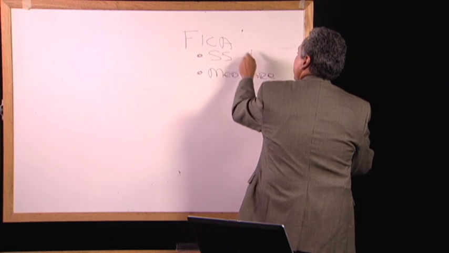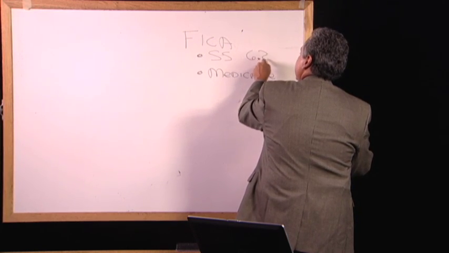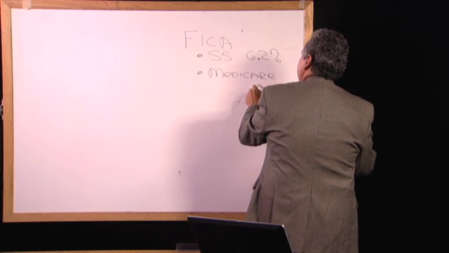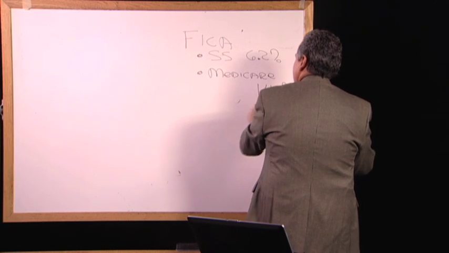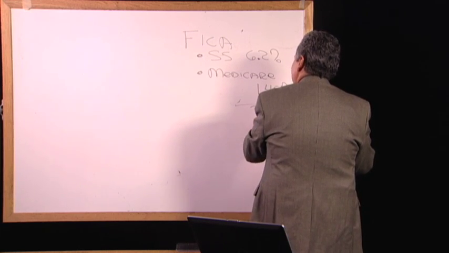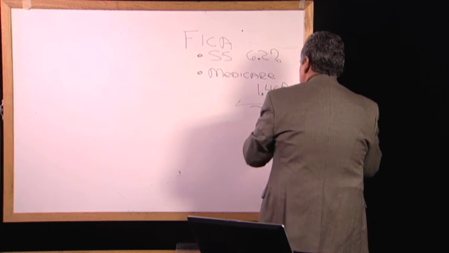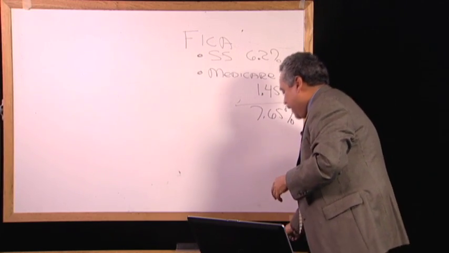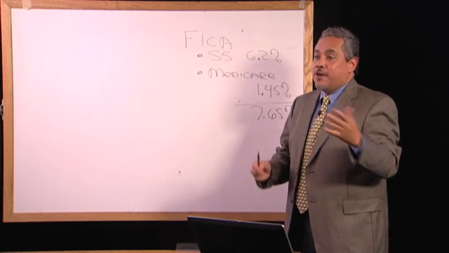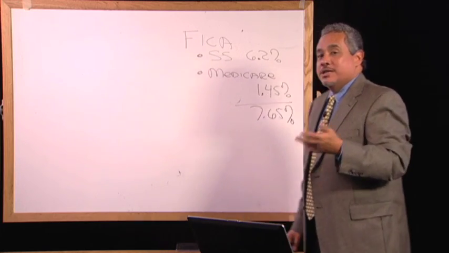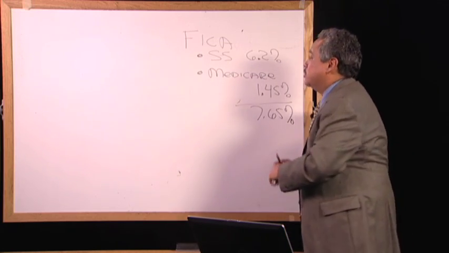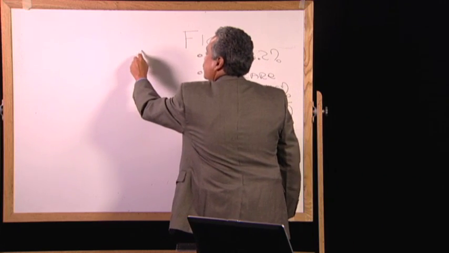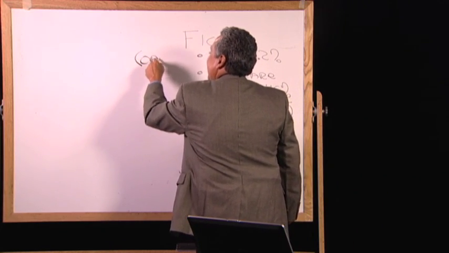Social Security is 6.2%, and Medicare is 1.45%, and of course that gives you 7.65% in total. So that's your FICA taxes. Sometimes it's called FICA, sometimes they refer to it as Social Security, sometimes as Medicare. Social Security is also referred to as OASDI.